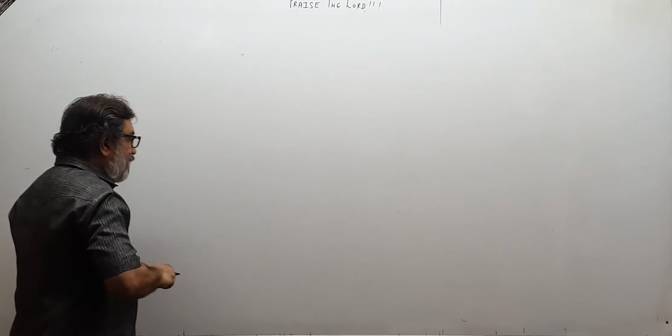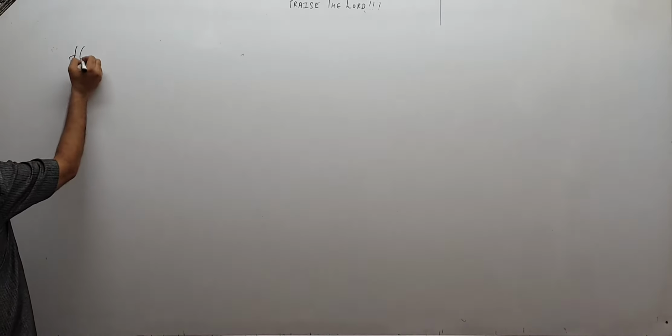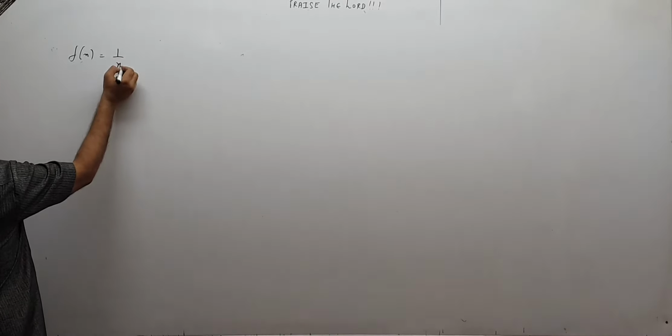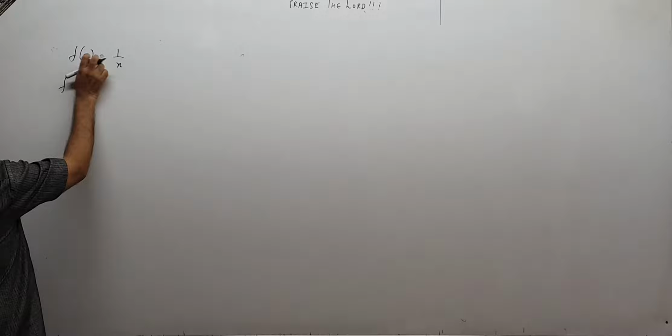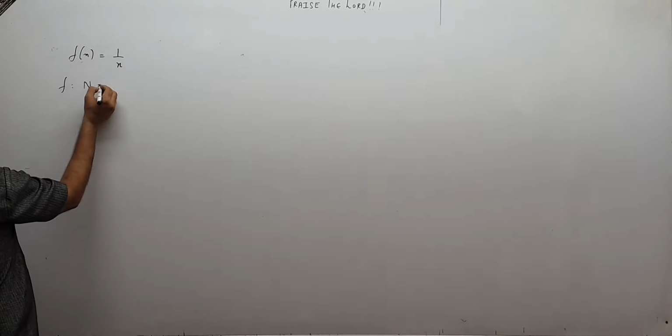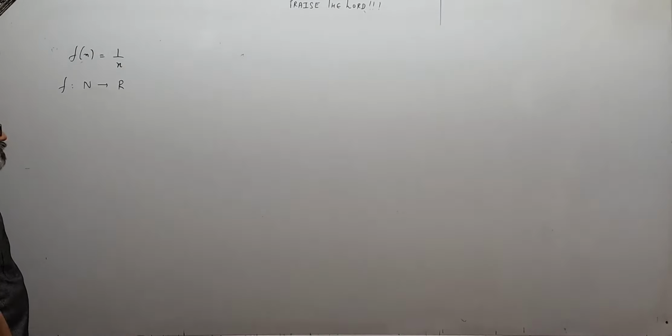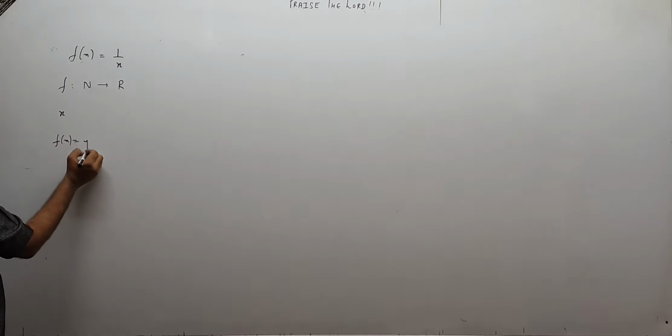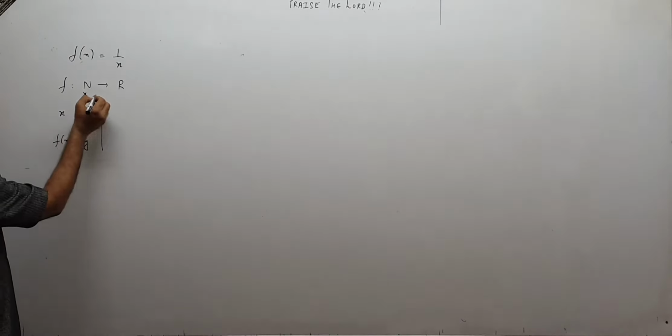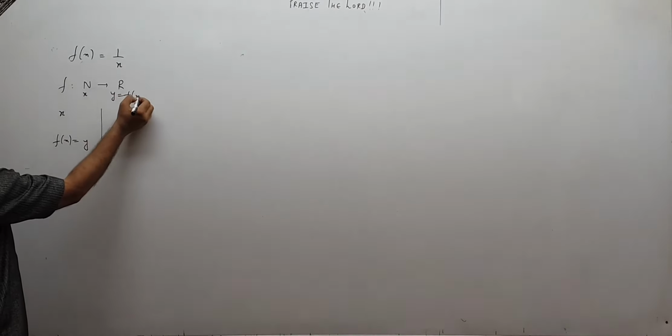Supposing I have a function like f(x) equal to 1 upon x, and f is a function from, supposing, N to R. So let us take the values of x and f(x). f(x) means y. From here we get x and here we get y or f(x).